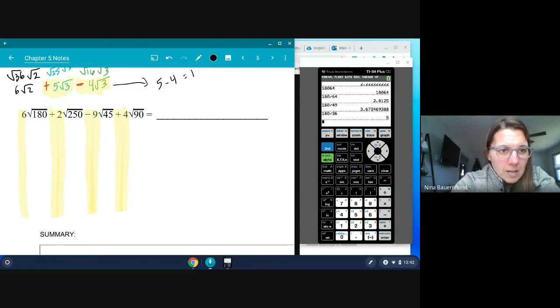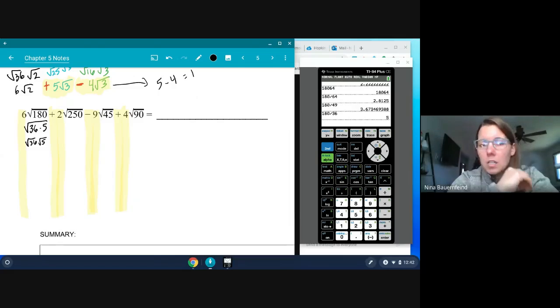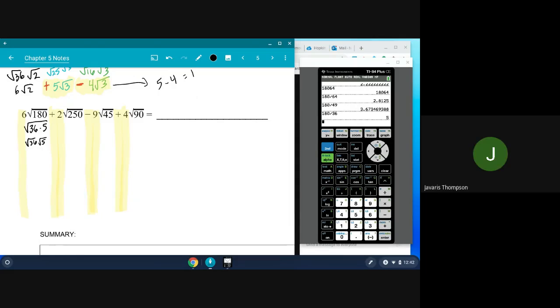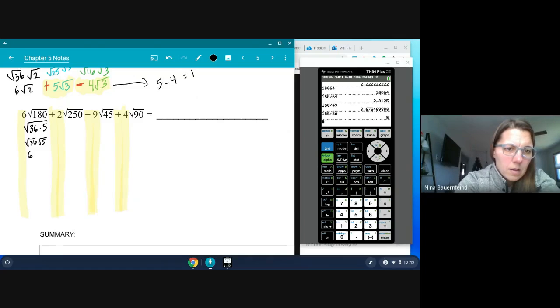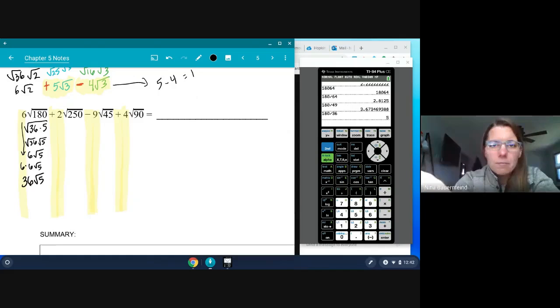So instead of 180, I'm going to do the square root of 36 times 5. And then I'm going to split that into root 36 and root 5. What is the square root of 36? Six. Got it? And that's times root 5. Okay. And then if we bring this down, we're going to do 6 times 6 root 5, which makes this into 36 root 5.